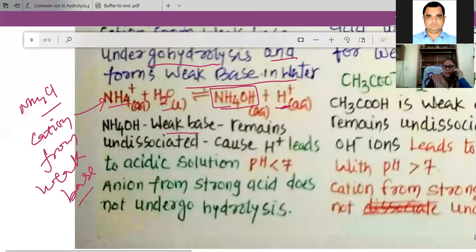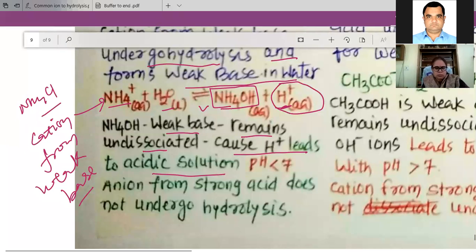NH4OH, which is a weak base, remains undissociated in the solution, and that is what causes the H plus. So my dear students, when this equilibrium is formed, the NH4OH does not give the reaction back, and that is why the H plus produced remains in the same concentration, and that leads to the acidic solution.